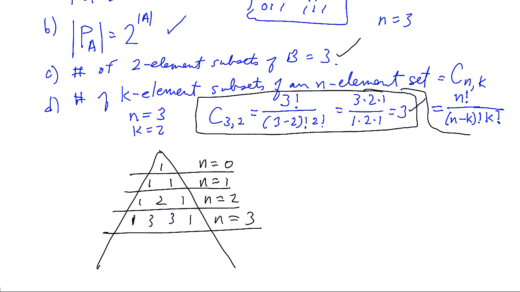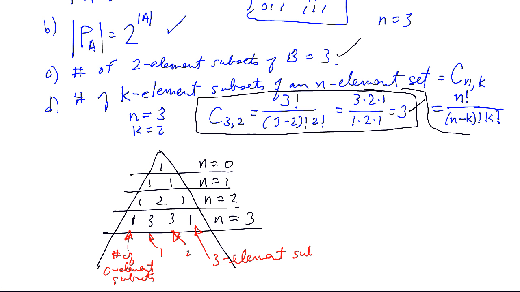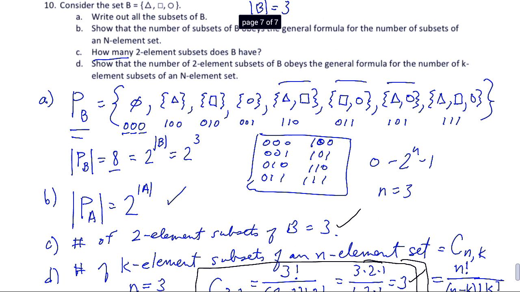And you can see here that this is the number of 0-element subsets, the number of 1-element subsets, the number of 2-element subsets, and the number of 3-element subsets of a 3-element set. 1, 3, 3, 1, and we can see that exactly up here.